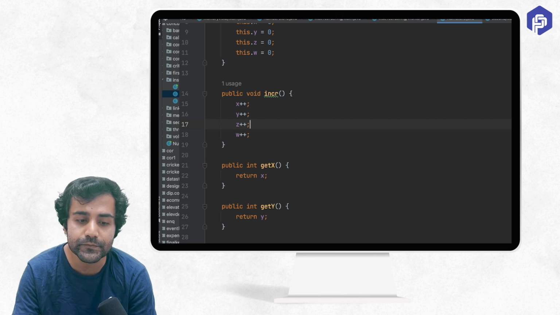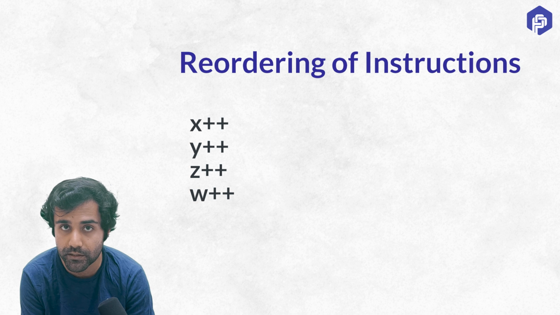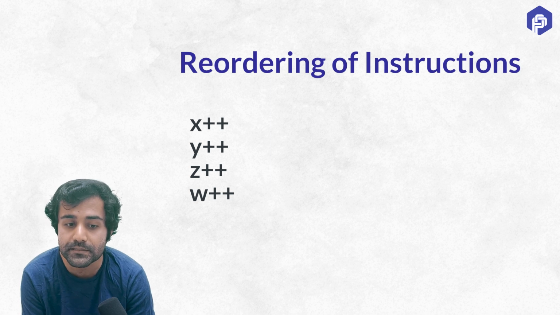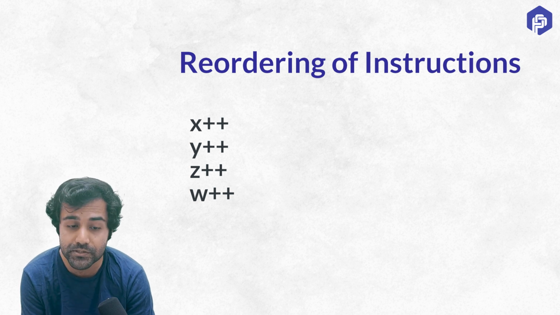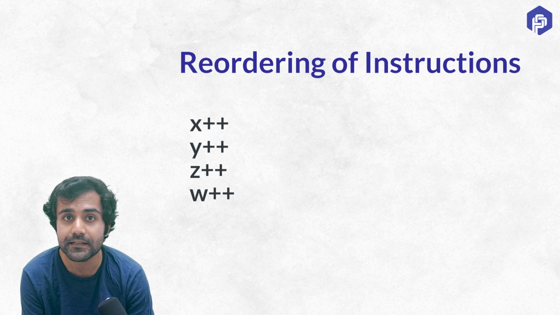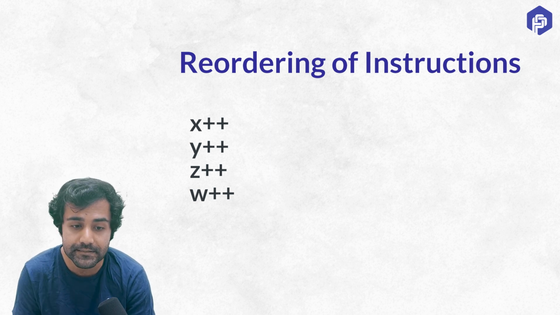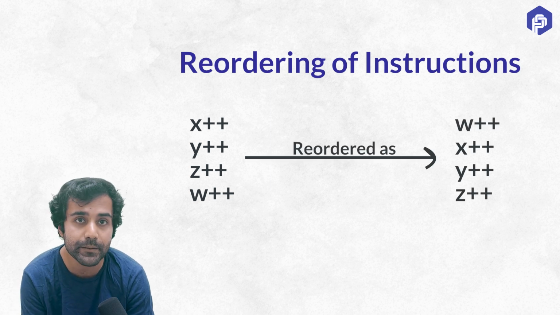So at times, when they see that there are certain lines of code, and if it is possible to reorder those lines of code in order to achieve some performance benefit without changing the semantics of your program, then it is made possible. So in that case, what really happens is that the lines of code that you write undergo rearrangement. They are basically permuted. They are reordered.